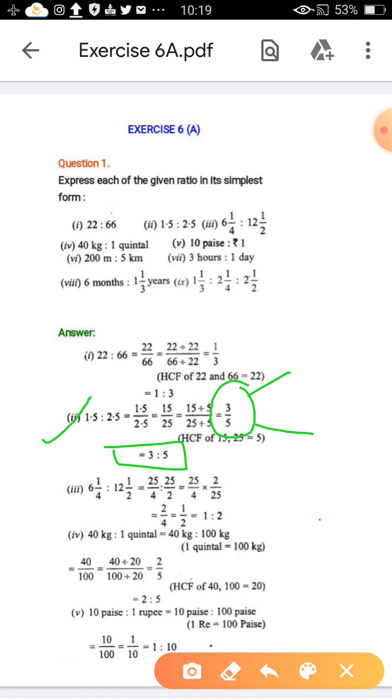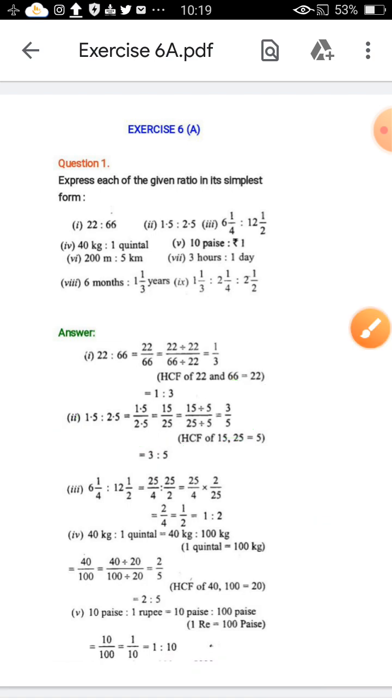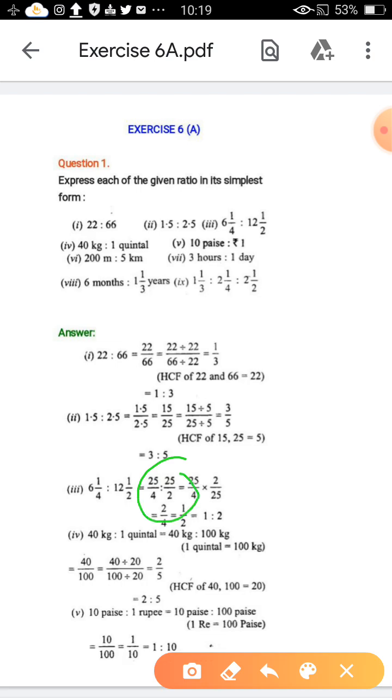Okay. Now we will see the next problem, which depends on the mixed fraction. The third one is given: 6 integer 1 upon 4 as to 12 integer 1 upon 2. First convert these mixed fractions into improper fractions. 6 integer 1 upon 4 means 6 4s are 24 plus 1, 25 upon 4, and 12 integer 1 upon 2 means 25 upon 2. Now see, as to means nothing but divide.